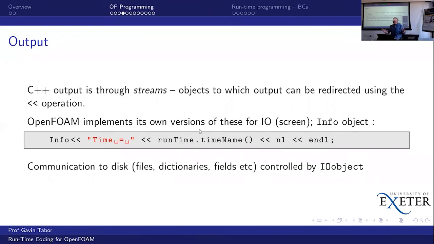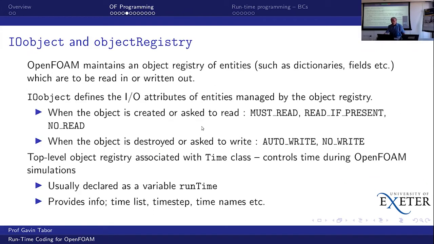Now, that's one thing. Obviously, we want to be able to communicate with the user, but the other main thing we need to do is to be able to read in and write out data to disk, often quite large data. And this is controlled by, first of all, OpenFOAM provides an object registry. So every time you create a large object, a field, a mesh, or anything like that, it gets registered with this database.